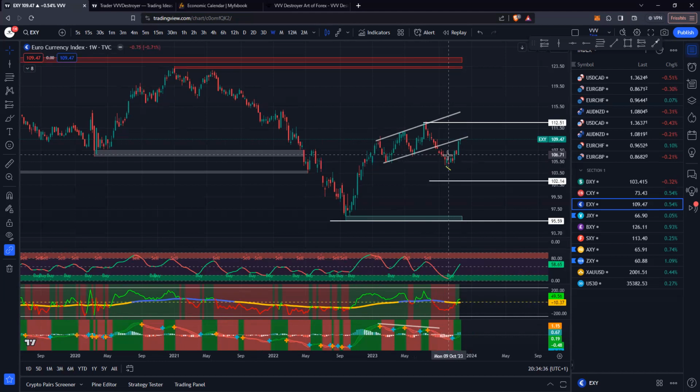But as I said in the last zoom, I think we are going to reject this line and head to the previous high, and this should create a divergence. But also it came under the zero line. Okay, so this is also an important point.